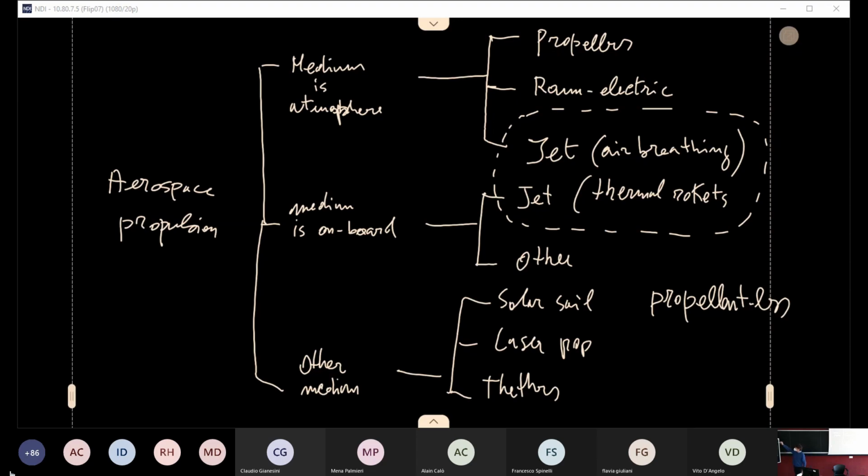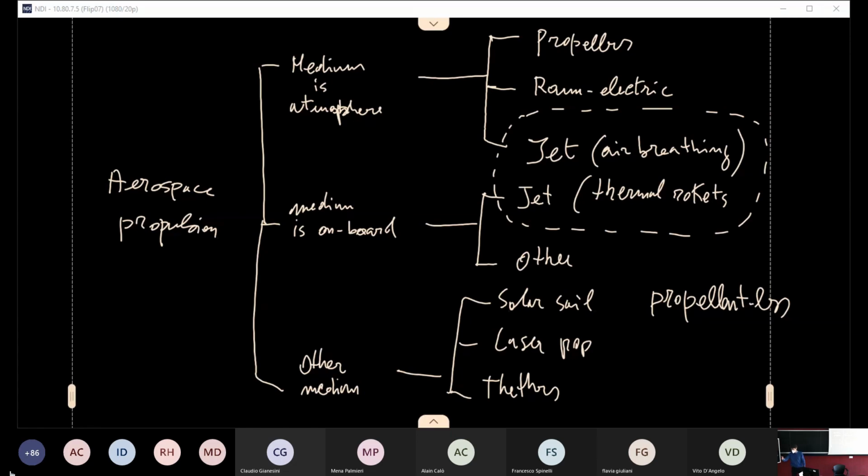So I just want to mention here that if we go to the air breathing engines that work in the atmosphere, of course you know that we have turbojets, ramjets, turbofans, and also pulse jets, different possible theoretical options.